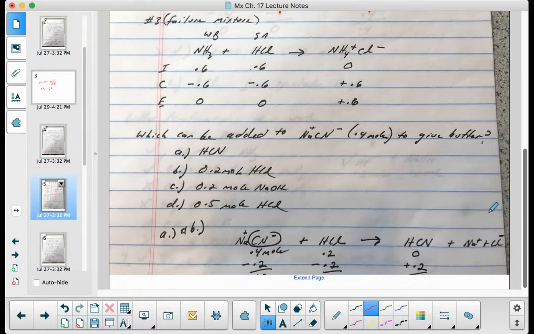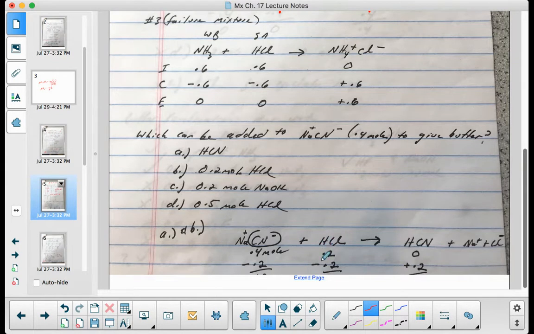Here's an example where you could look at what would happen if you added 0.4 moles of sodium cyanide to 0.2 moles of HCl, and it could be moles per liter, molar. It would be the same because they're in the same container, therefore in the same total volume.